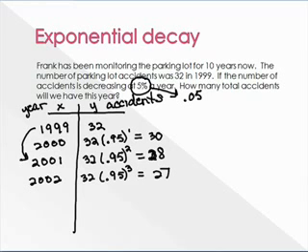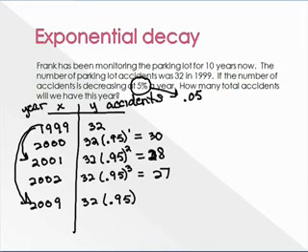Okay, so we want to know how many total accidents will we have this year. Well, this year is 2009. 2009 then is 10 years from 1999, so we're going to raise it to the 10th. So you need 32 times 0.95 caret 10, and you can try that on your calculator. I got 19.